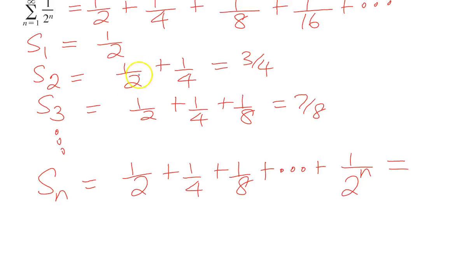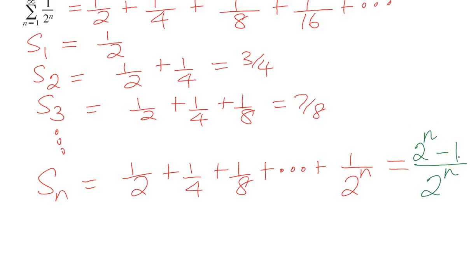Look here. For the first sum, the denominator is 2. For the second sum, the denominator is 4. For the third sum, the denominator is 8. So the denominators are all powers of 2. So for the nth sum, it's going to be 2 to the power n in the denominator. And also notice the numerator in each case is 1 less than the denominator. So in the nth partial sum, the numerator is 2 to the power n minus 1.